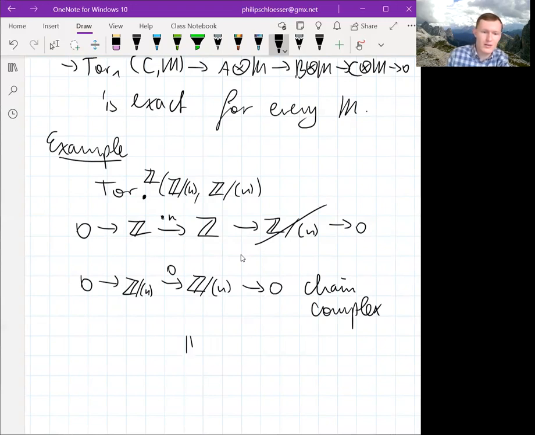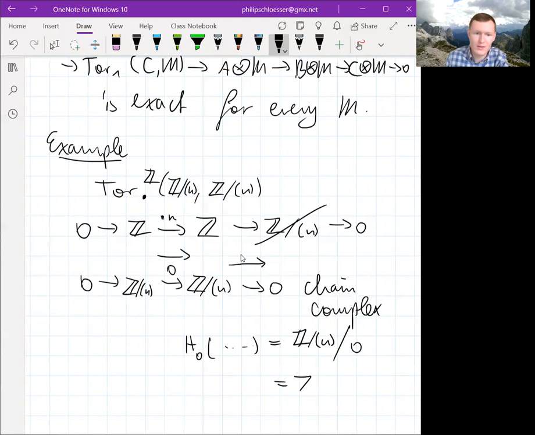And then the zeroth homology group of this complex is just the kernel of this map modulo the image of this map. So the kernel of the zero map is just Z modulo n, and then we divide it by the image of the zero map, which is 0.